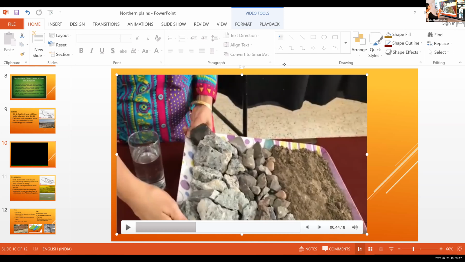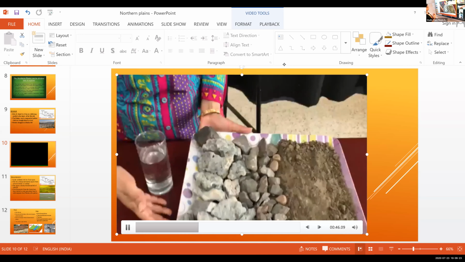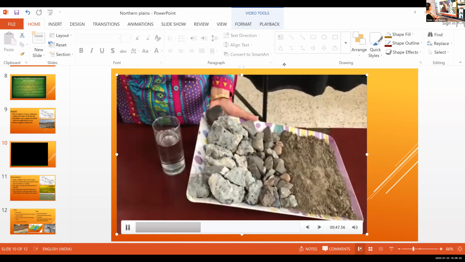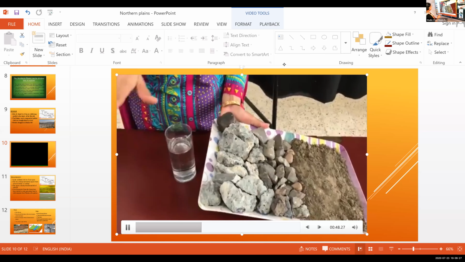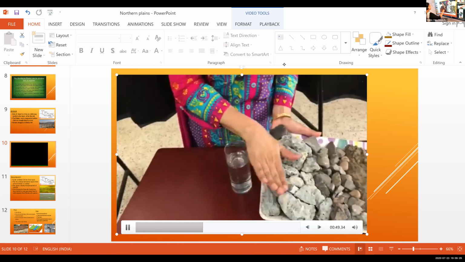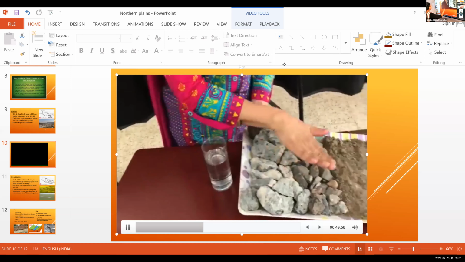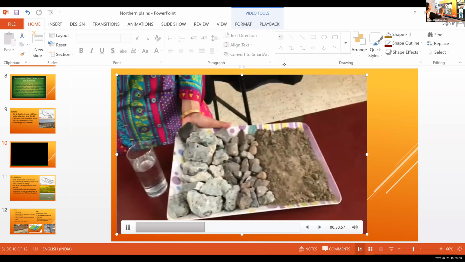Then just see, when the rivers start flowing, this is the mountain range.